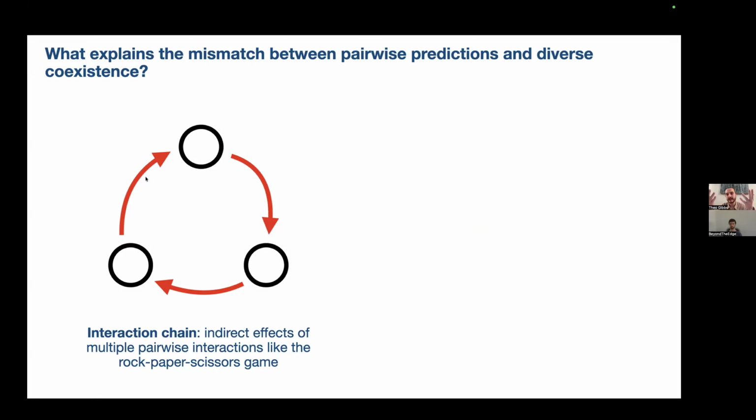But when you grow all three together, none of them can outcompete all the others and gain enough of an advantage, because they're being beaten in a cycle. And of course, there are more general versions of this applying to many more species than three, etc. So this is one possibility: there's some sort of connected interdependence amongst all the pairwise interactions that produces coexistence when you grow all the species in the same test tube, say.